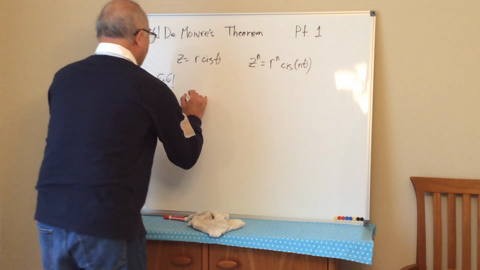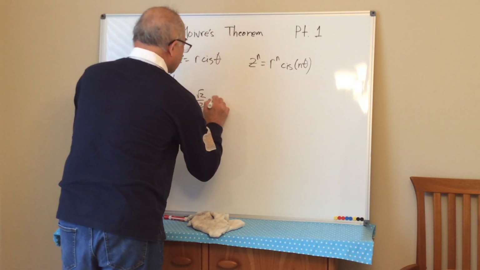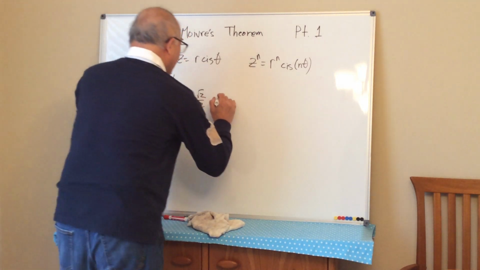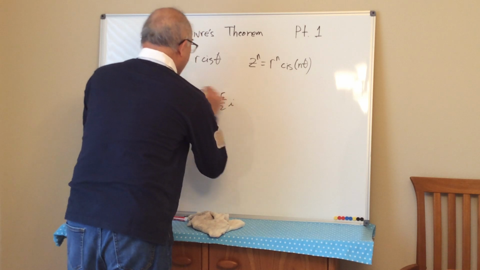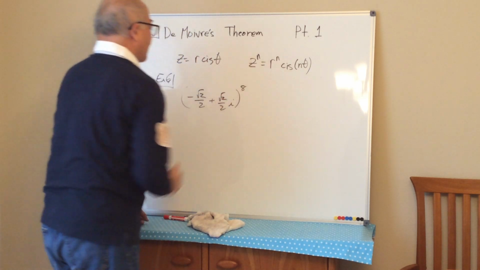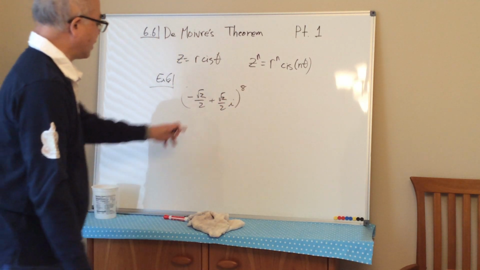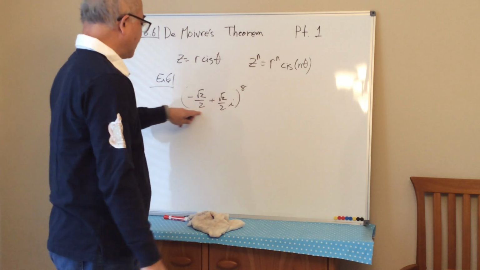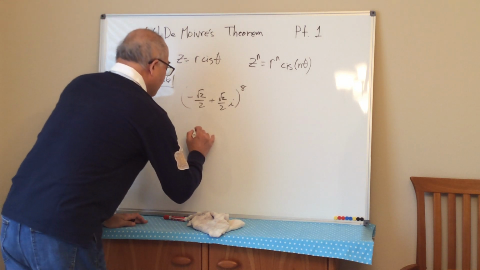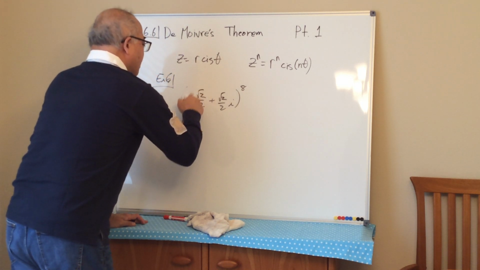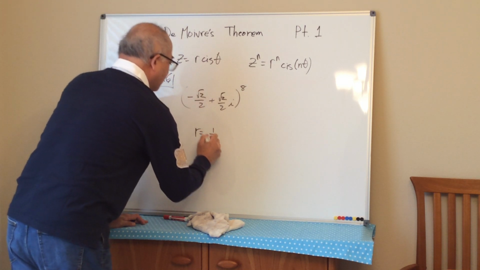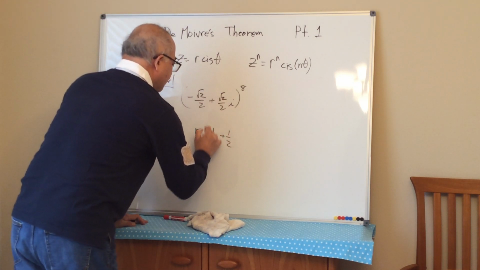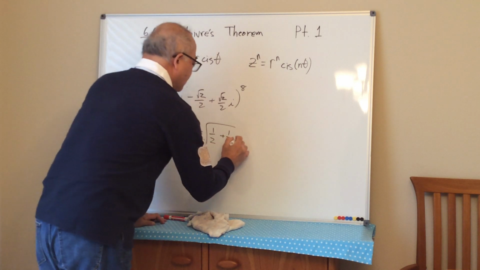I get negative root 2 over 2 plus root 2 over 2i to the 8th. Okay, so I'm going to have to find the polar form of this guy first. So to find the polar form, I need to find the r. So r is going to be that squared plus that squared, square root, which is 1.